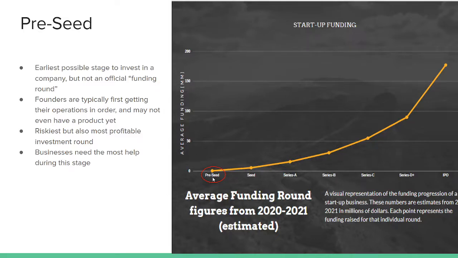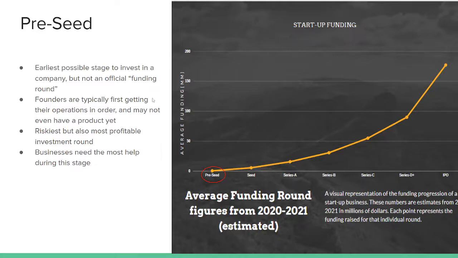So you want to make sure in the pre-seed stage that the team you're looking at is a solid team with a good track record. They're probably not going to raise much money if they don't have a good team, or if they have no track record at all, because why would you trust a business that has not proven themselves in any way?